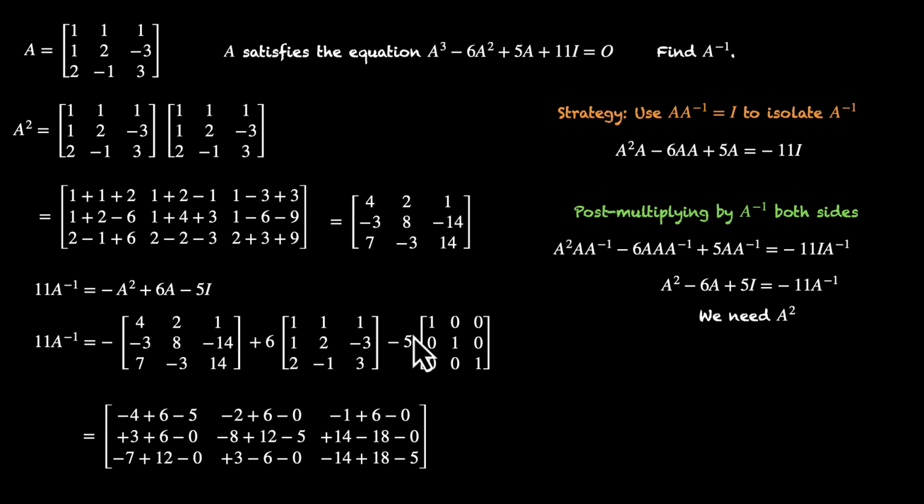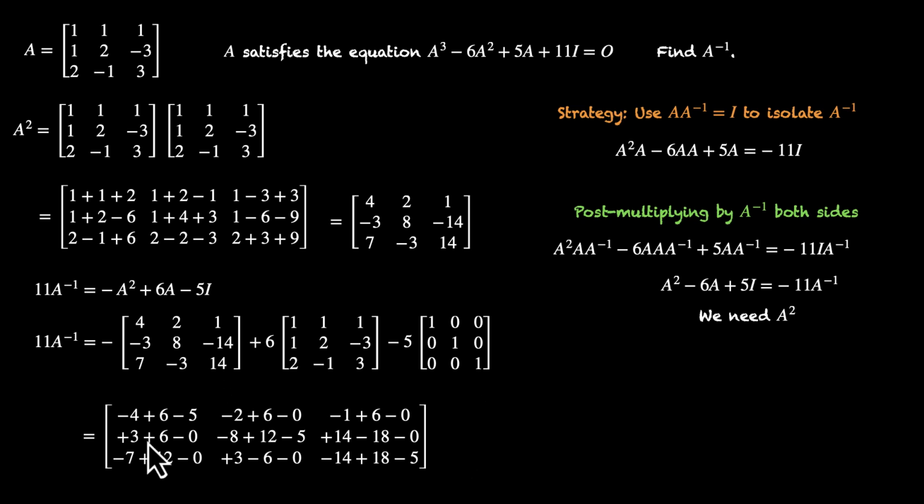This one multiplies with this 5. And the last element of the second row, that's going to be 14 minus 18 minus 0. Finally, the third row will be minus 7 plus 12 minus 0, then 3 minus 6 minus 0. And last element will be minus 14 plus 18 minus 5.